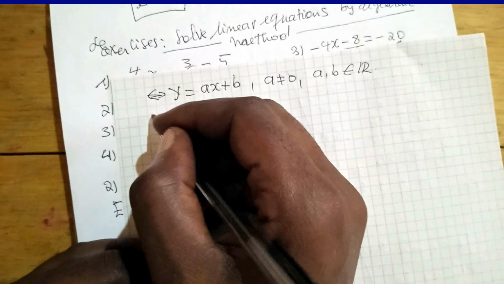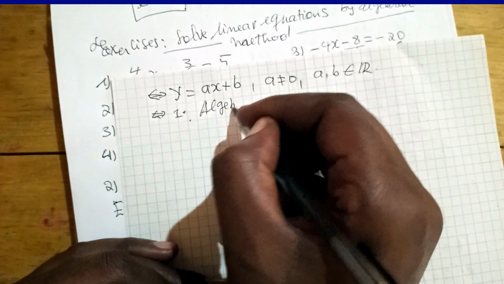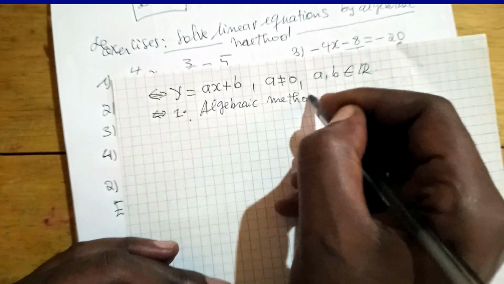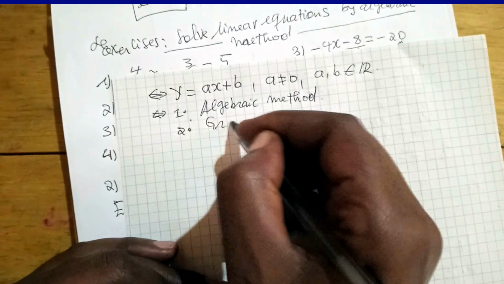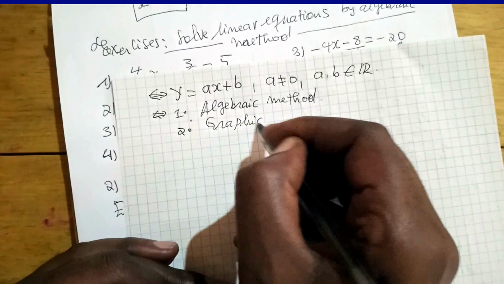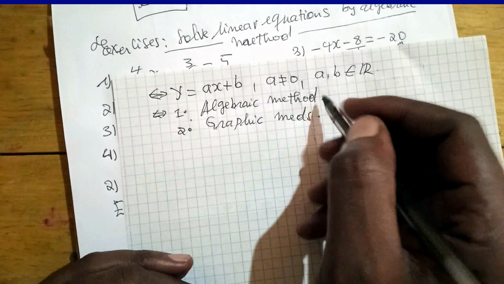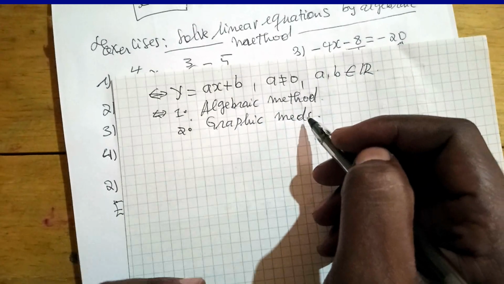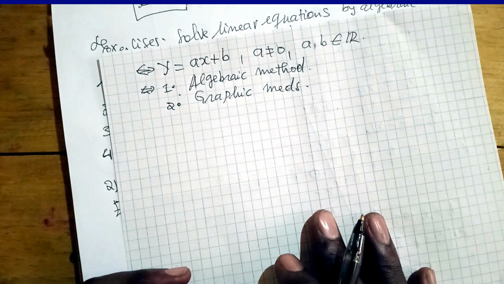We have seen two methods. The first one is the algebraic method. The second one is the graphic method. And we have seen how it works. So I give you some exercises.